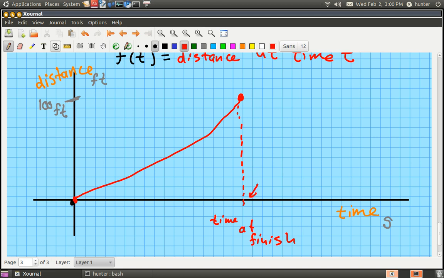Just so we can work with concrete numbers, let's say that to go that 100 feet, what's a good number? 30 seconds? So it took him 30 seconds to go that 100 feet. Now the question that we want to ask ourselves is, what was his average speed?